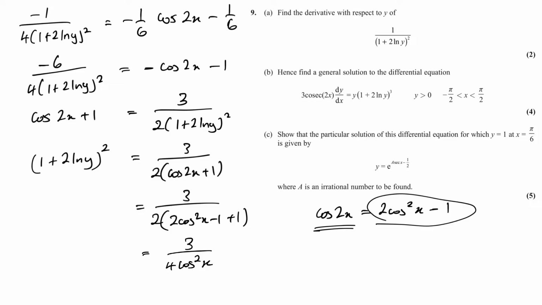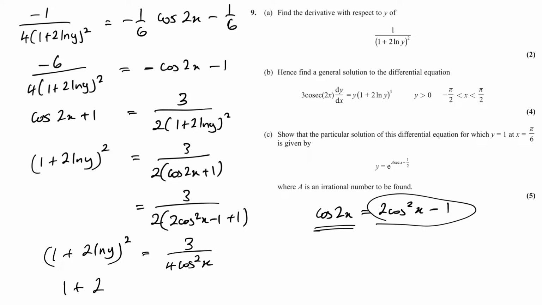Oh, now it looks like we're starting to get somewhere. So the cos squared x can obviously go to the top and become a sec squared. And we can also do a square root. Let's square root first, shall we?